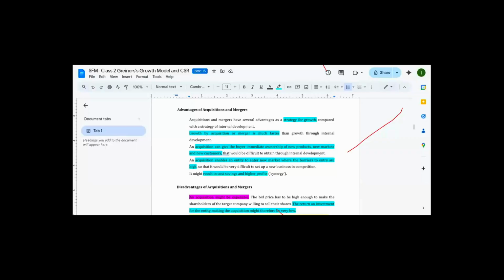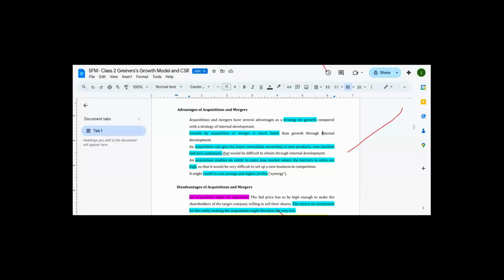Another advantage of merger and acquisition is that growth by acquisition or merger is much faster than starting from scratch, because we already have some structures in place. We have an established business or brand or product, employees, and everything has been there.